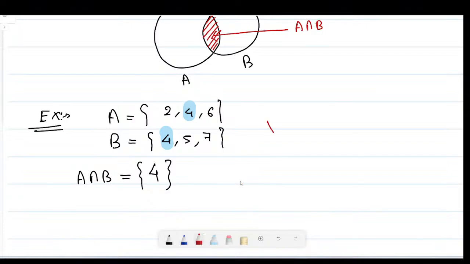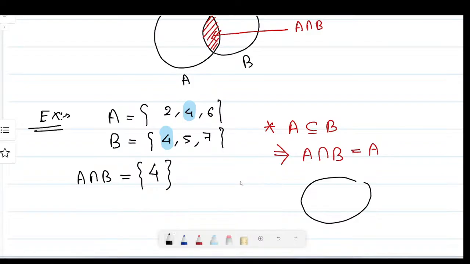There is another note. If A set is a subset of B, then A intersection B is only the smaller set, that will be A. So if I draw the Venn diagram, like here is B and this is A. So the intersection is like that.